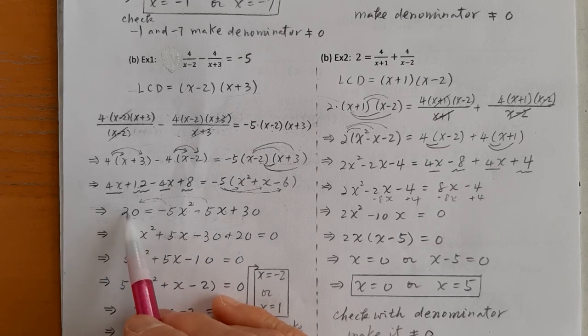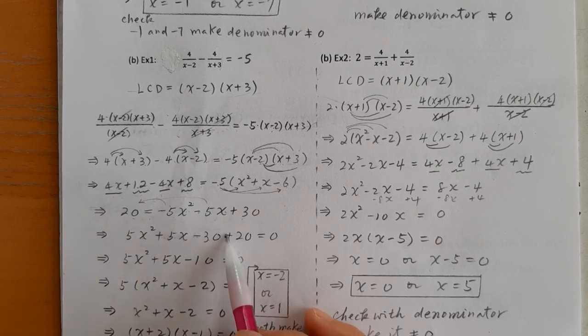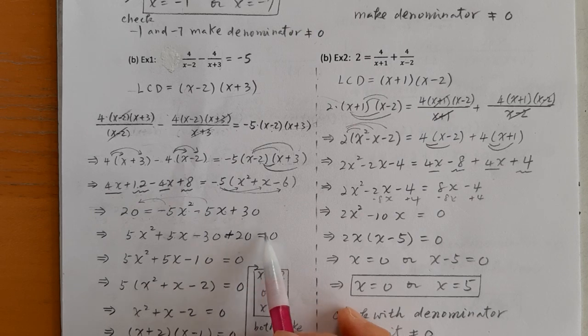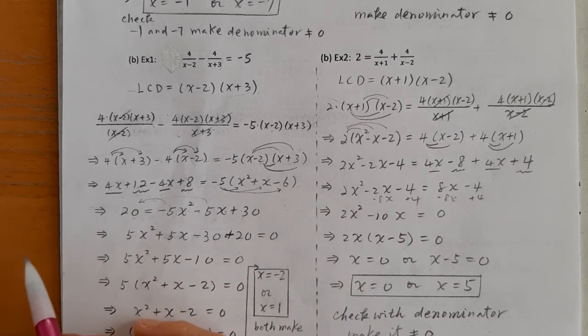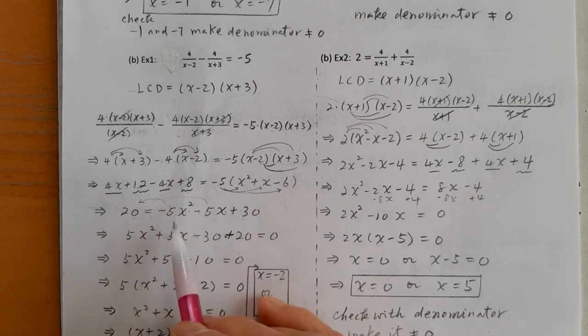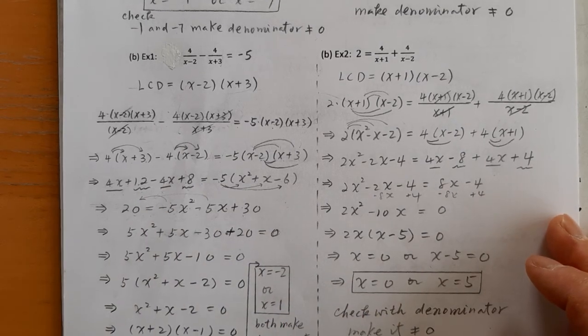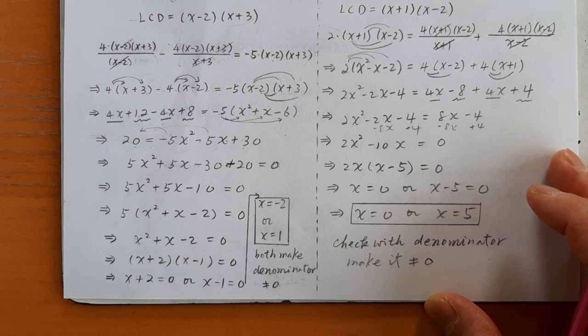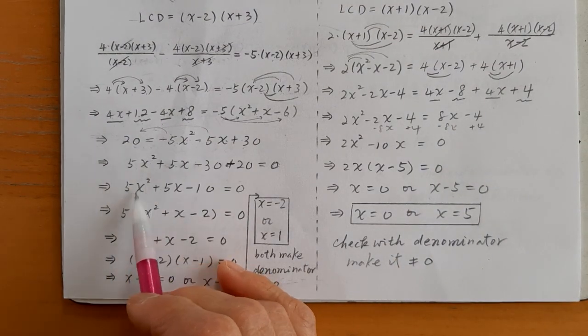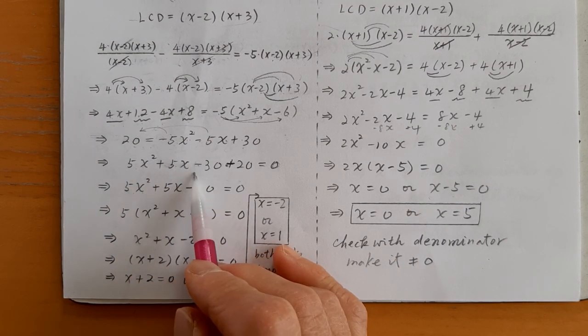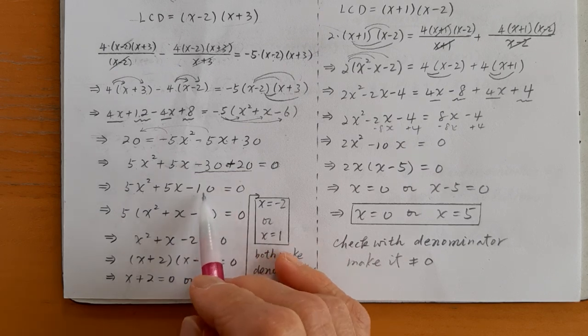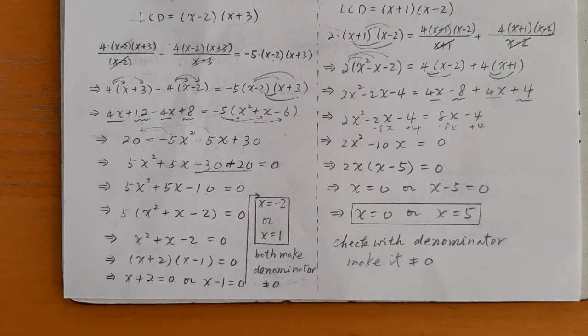And this one is still on the left side, so don't change it. It's plus 20, equals. The two terms move to the left, so the right side is 0. Then combine like terms: 5x squared, 5x, and the constant terms added together are negative 10, equals 0.